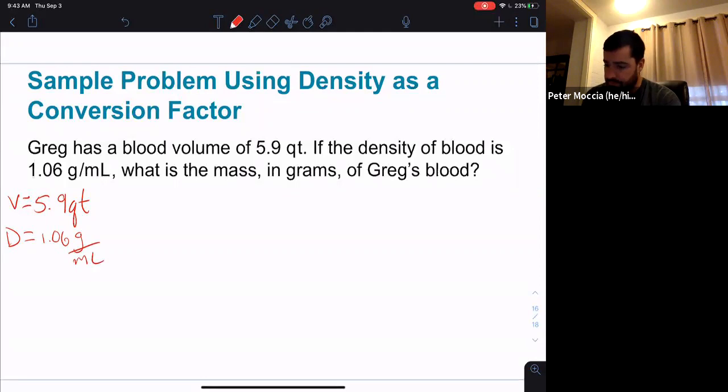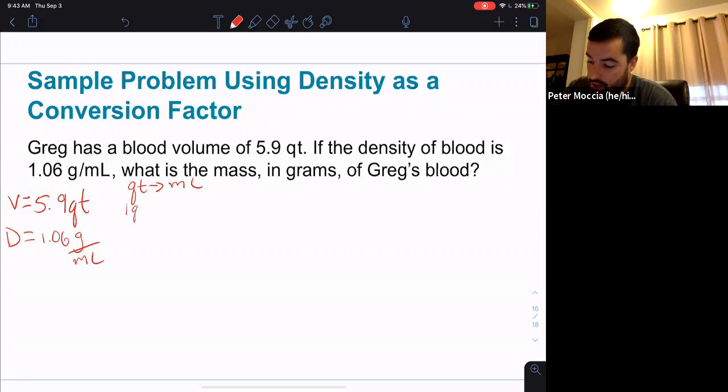Okay, now the first thing I'm going to do is I have to carry out a conversion factor. Okay, so I need to go from quarts to milliliters. Okay, and I know that 1 quart is equal to 946 milliliters. So I can either write 1 quart over 946 milliliters, or I can write 946 milliliters over 1 quart.